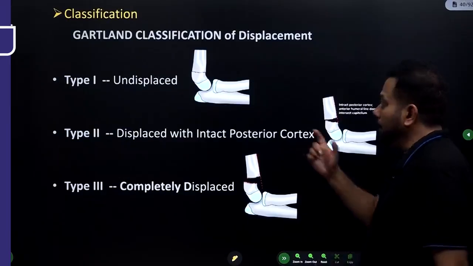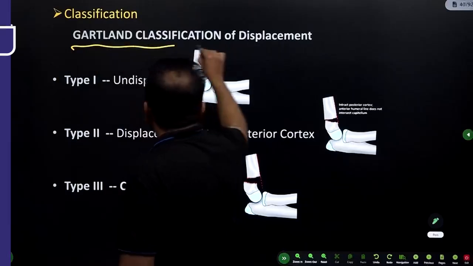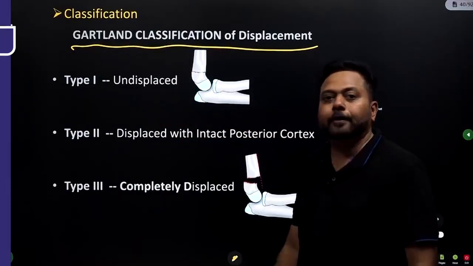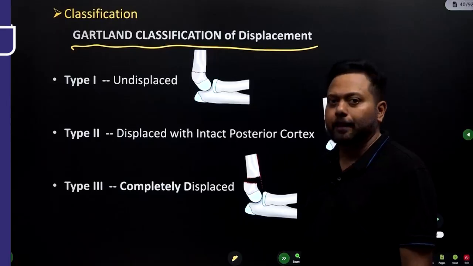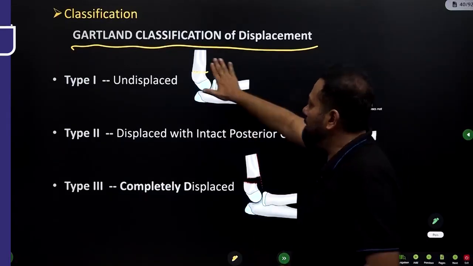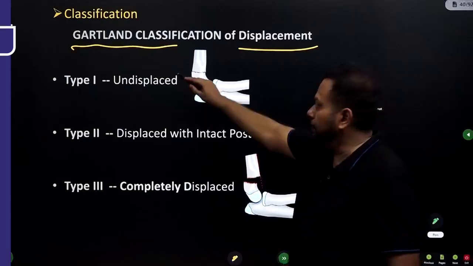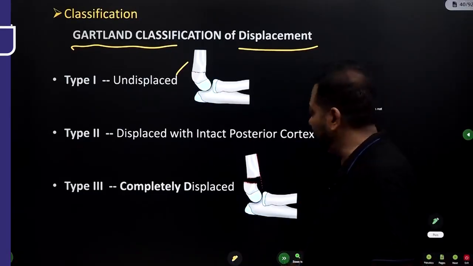Now, coming to the classification system of supracondylar fracture, a time-honored MCQ in most of our NEET entrance: type 1, type 2, type 3. This is called Gartland's classification. Type 1, just a fracture line goes through, but is totally undisplaced. Type 2, partially displaced. What is the meaning?